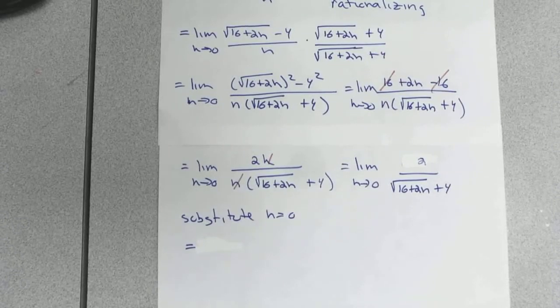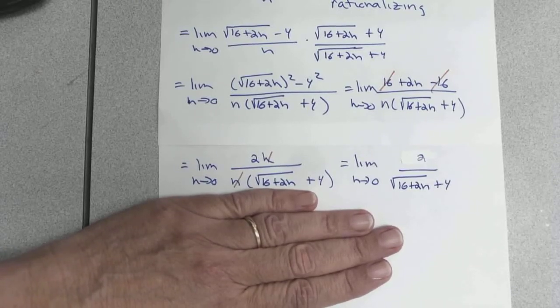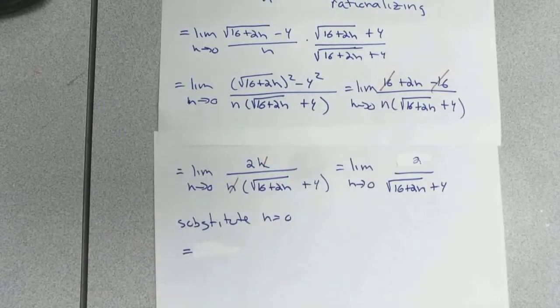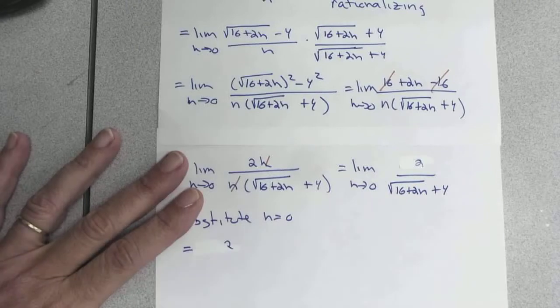While I won't take off for missing limit symbols, it is very common that students who drop their limit symbol too soon never do this last step because they have forgotten that h is approaching 0. So they end up just right here and then they stop. So it is really helpful to write that limit symbol all the way along. Then when you get to the point of substituting, you drop that limit symbol.